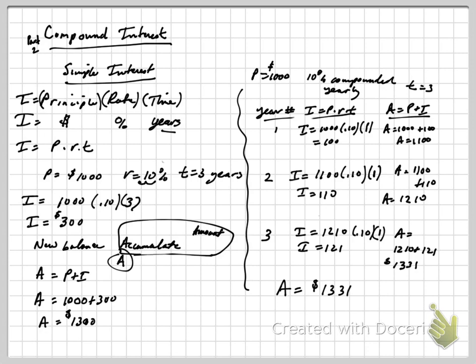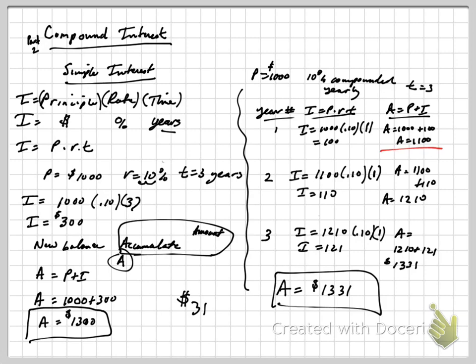So if you compare that for compound interest with simple interest, that's quite different, isn't it? It's $31 difference. Well, where in the heck did the $31 come from? Well, if you think about it, I remember my mother telling me back when I had to do a savings account that you're earning interest on your interest. So after the first year, you're earning interest on the $1,000 and the $100, and that's going to give you the extra $10.